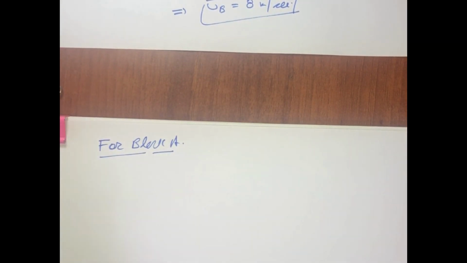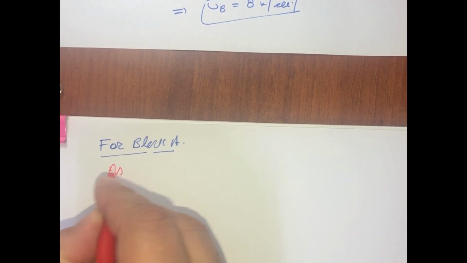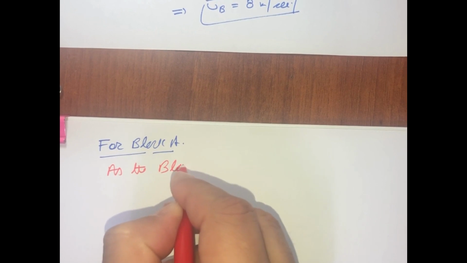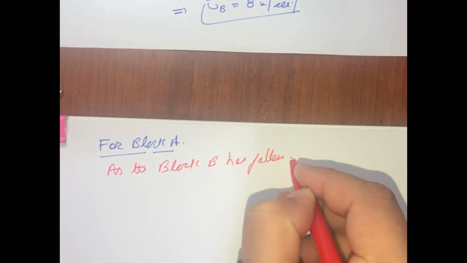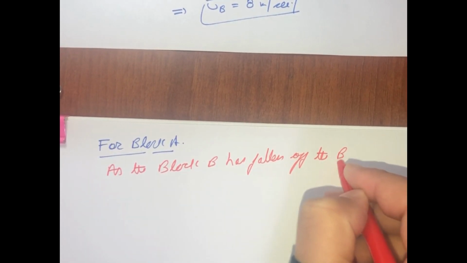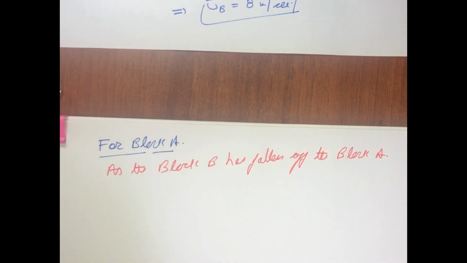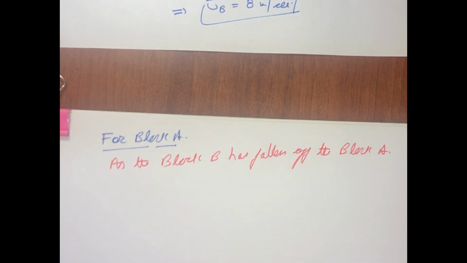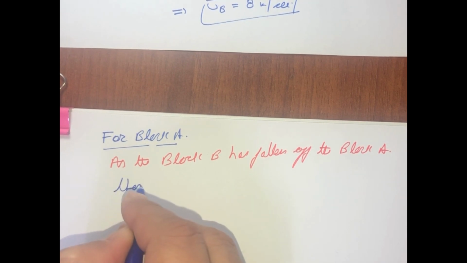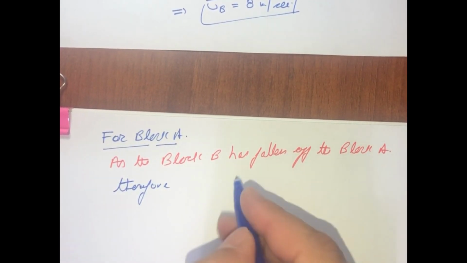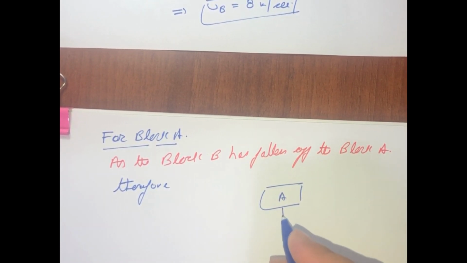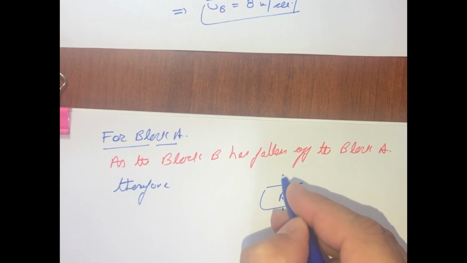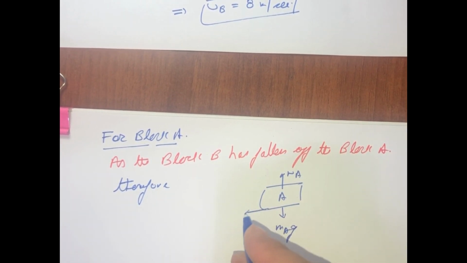So this is A, and now downward it will be MAG, the normal will be NA, and the frictional force FR.